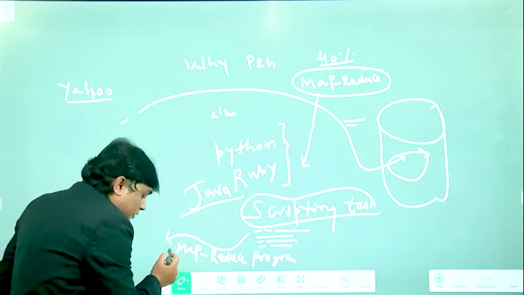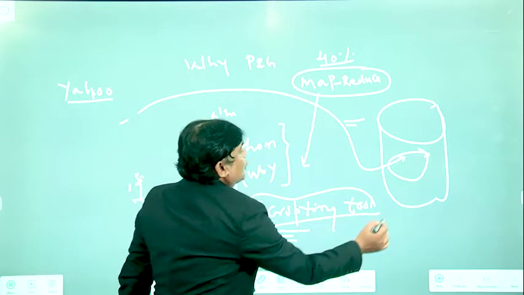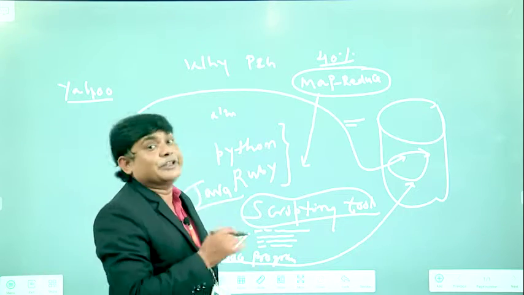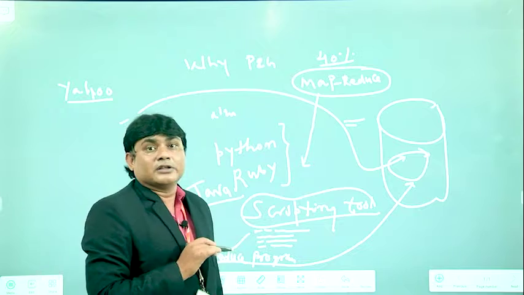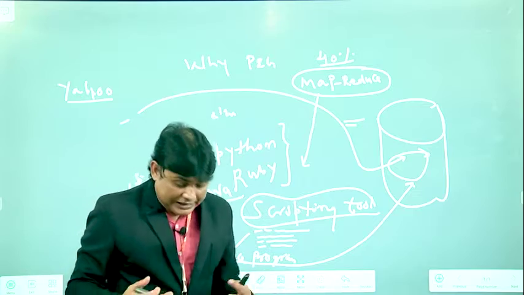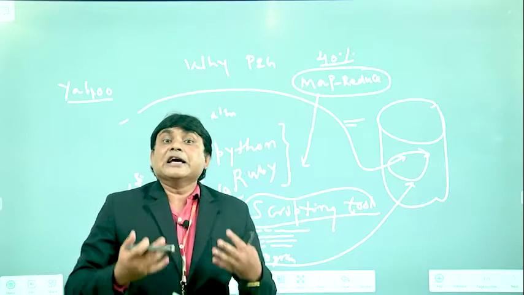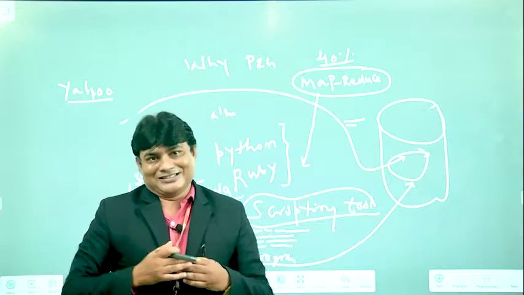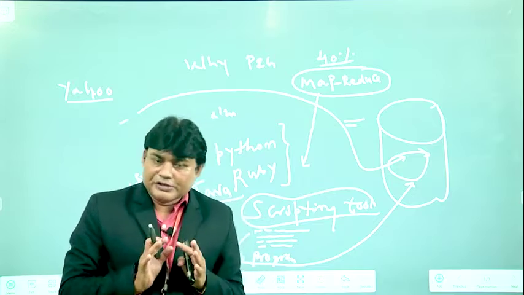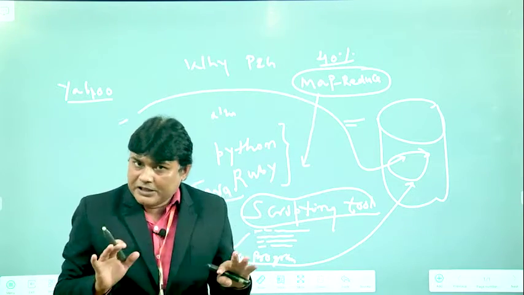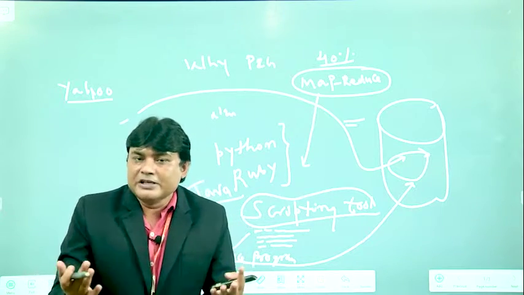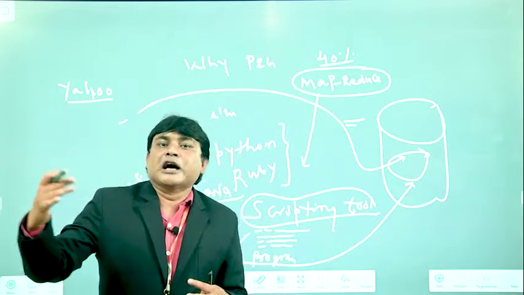With these MapReduce programs, they can interact with Hadoop, process and transform the data, and get the desired results from Hadoop. So even though I don't know Java, I can use a scripting tool to write a script, it converts it into a series of MapReduce programs, and with these we interact with the Hadoop clusters.